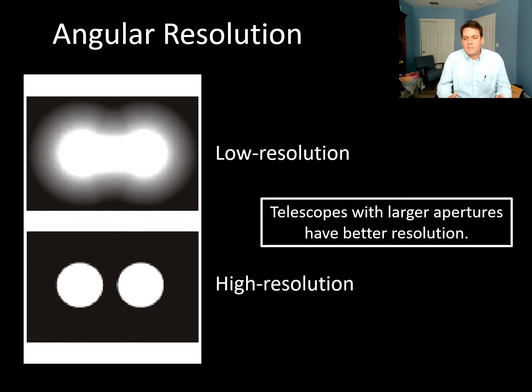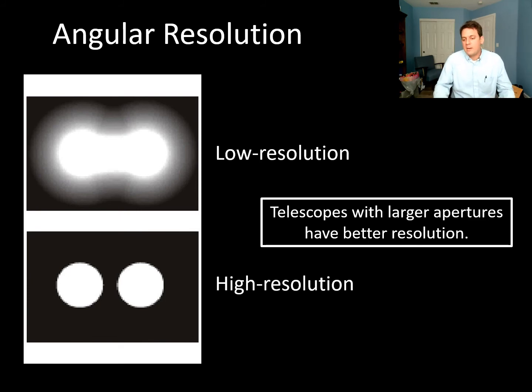Telescopes with larger apertures have better resolution. Okay? You collect more light, you focus it down, you get a better resolution. And so that's why, in general, the push to discover more, to learn more about the universe is almost inevitably a chase to produce larger telescopes.